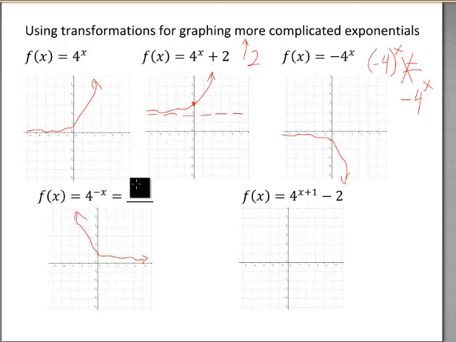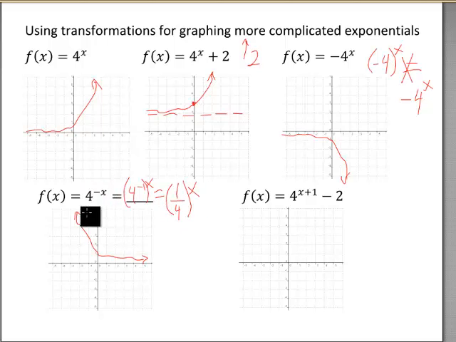So I left a blank here, so I have more to say. One thing I want you to notice is that 4 to the -x is the same as 4 to the -1 to the x. But also don't forget that 4 to the -1 is 1/4.